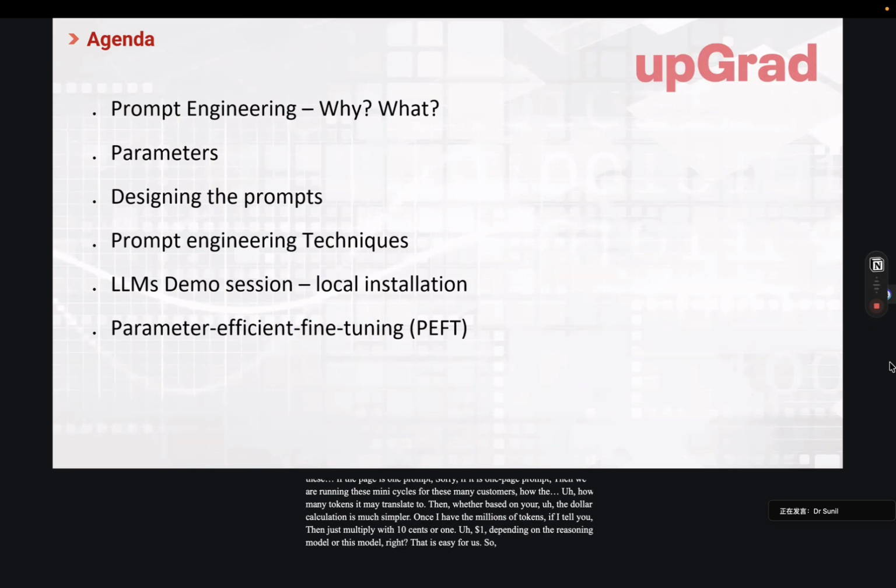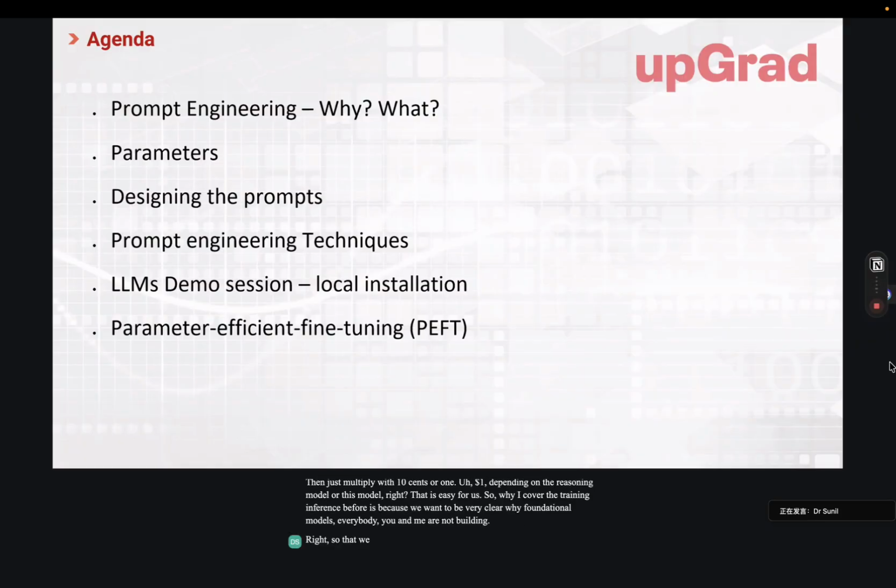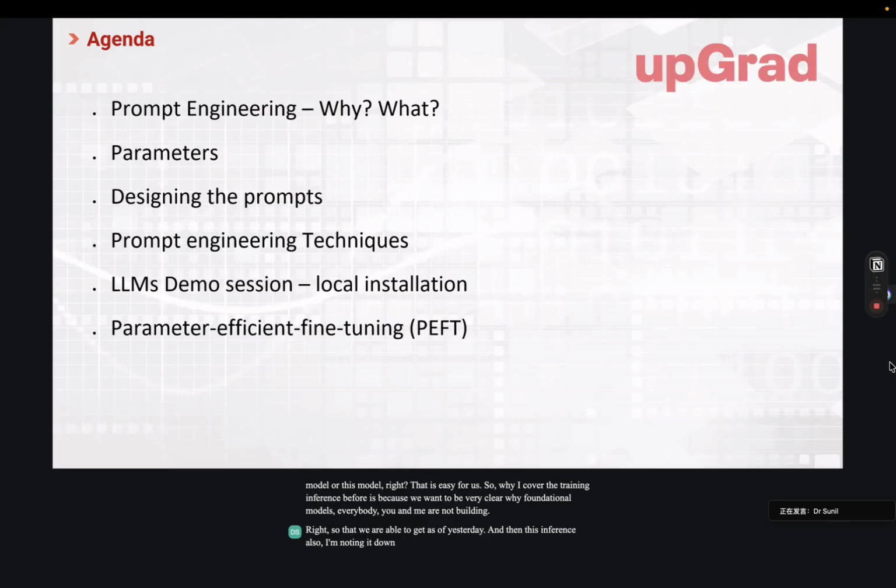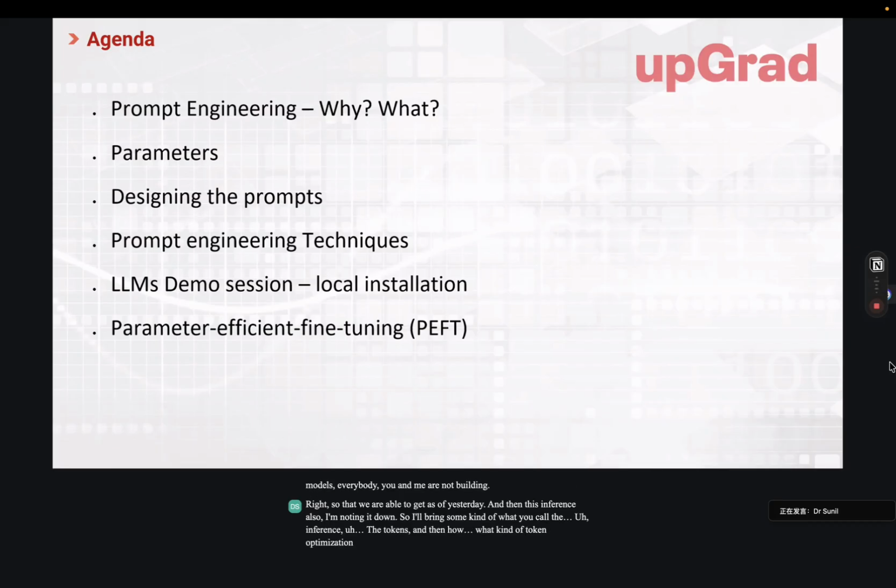So why I covered training and inference before is because we want to be very clear why foundational models are not being built by everybody, you and me. I'm also noting inference down. I'll bring the tokens, and what kind of token optimization and techniques we will see as we speak now in terms of Gen AI and agentic AI.